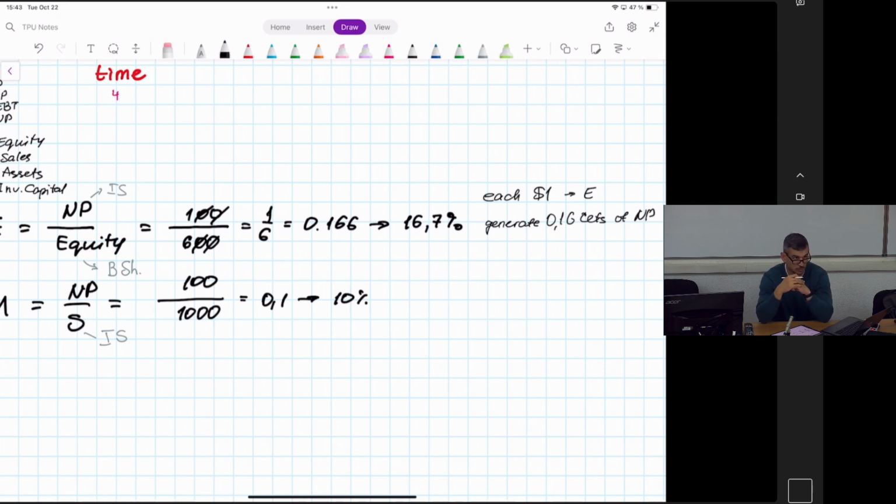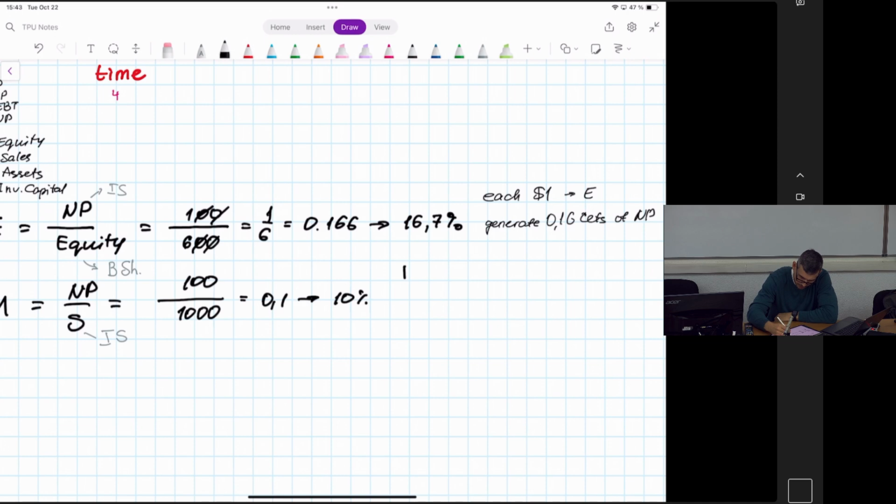That's why it's called profit margin. So in the price of our goods, how much is profit? If I sell it for 1,000, 100 will come as my profit margin. If I sell it for 1,100, 110 will be my profit margin.